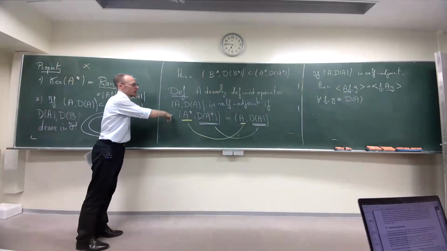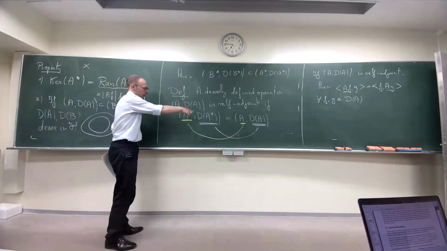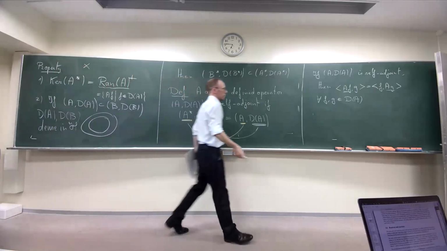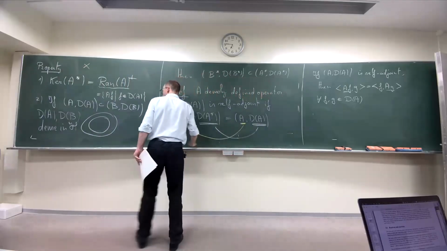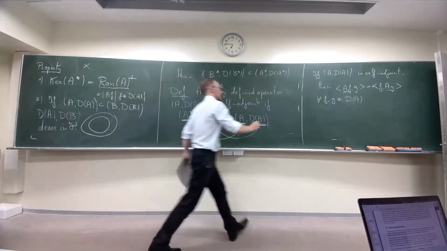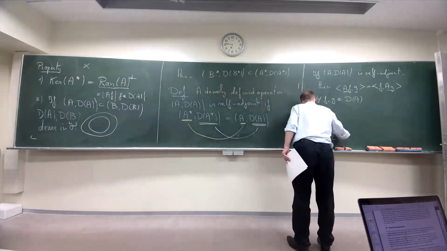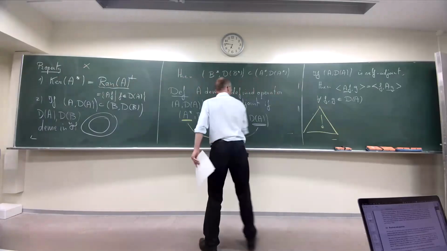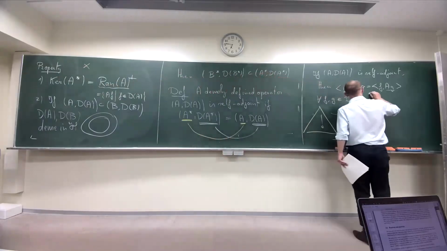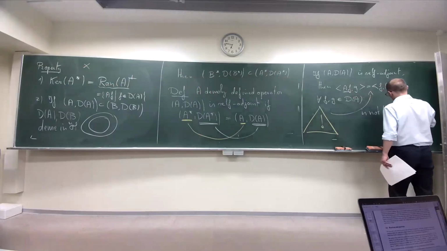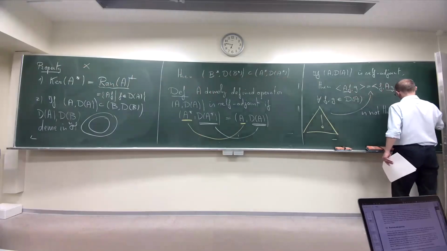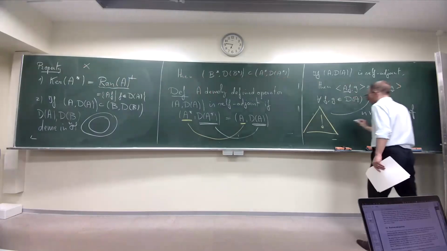So an operator is self-adjoint in this sense. One other consequence, you can check, because of the definition of the adjoint, you get this equality. However, this equality is not the definition of self-adjoint.